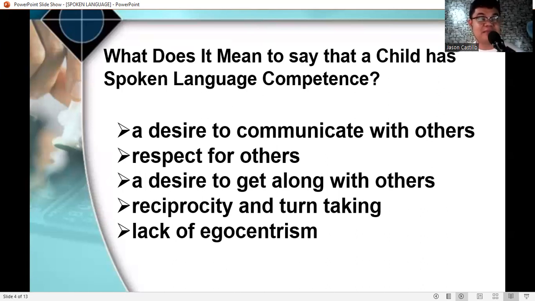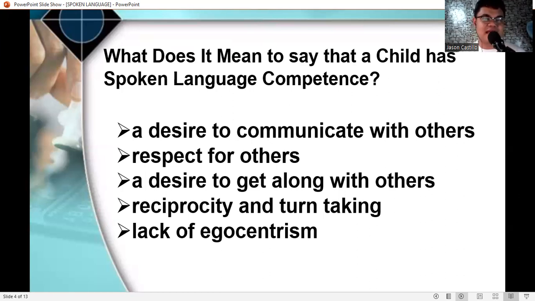Next one is reciprocity or turn taking, because a child has a spoken language competence when he knows when is the right time to speak. And aside from that, when is the right time to listen, because listening is one way of respecting others, which was tackled on the second bullet. And the last one is lack of egocentrism, or the child is not only thinking about himself, but he also thinks of the opinion of others.